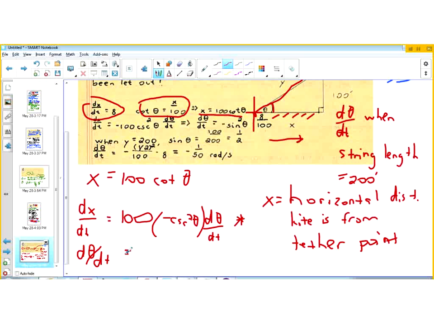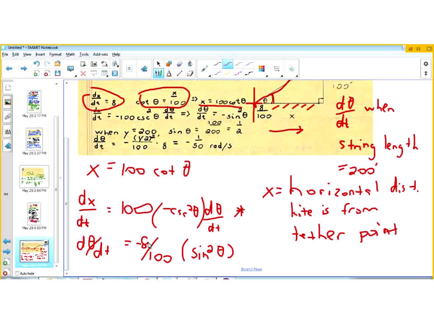The change in theta with respect to time is equal to 8, since dx over dt is 8. So that would be 8 over 100 times 1 over the cosecant squared of theta, with a negative sign. And 1 over cosecant squared of theta would be sine squared of theta, and that would be a minus sign.